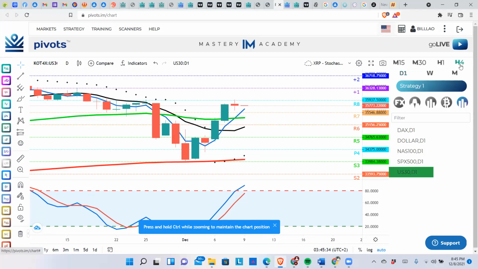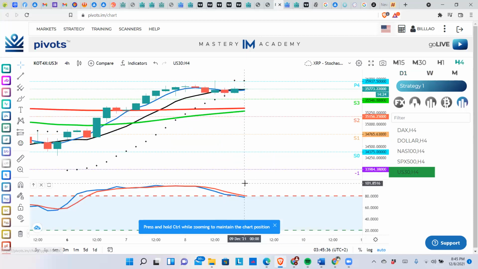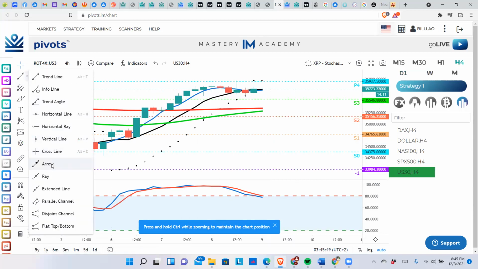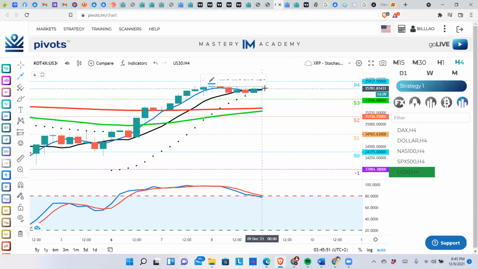If we drop down to 4 hours, okay, we are below P4, and that just continues to encourage our theory that this market is obviously going to drop, right? Because we want to see it come to S2.